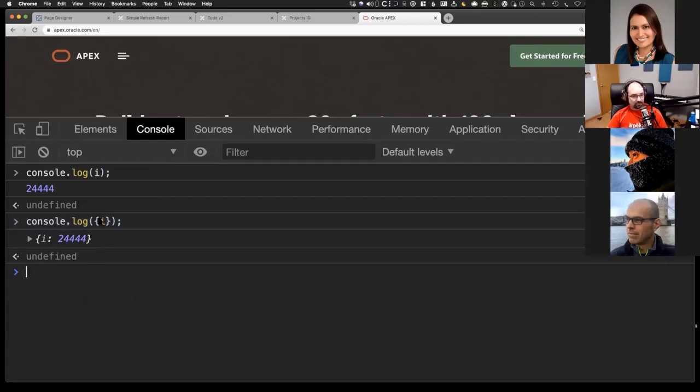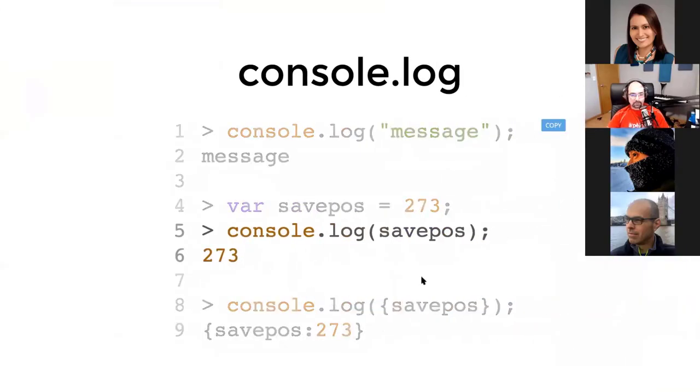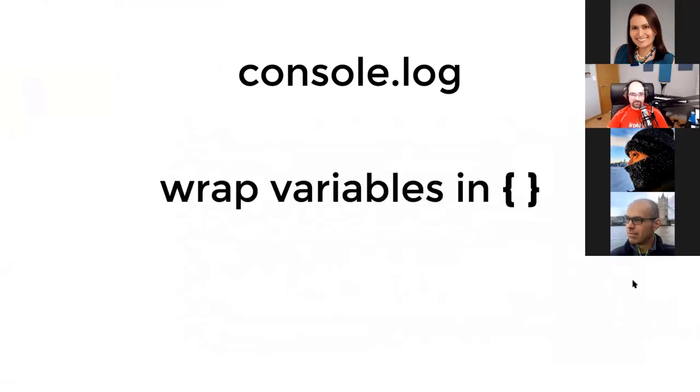It won't work if your I is a complex object already, or a JSON structure, or a jQuery element, but it will work perfectly for strings, booleans, and numbers. So instead of not knowing what that 273 is, you wrap it, and it's easier to look at. So wrap your variables in that.